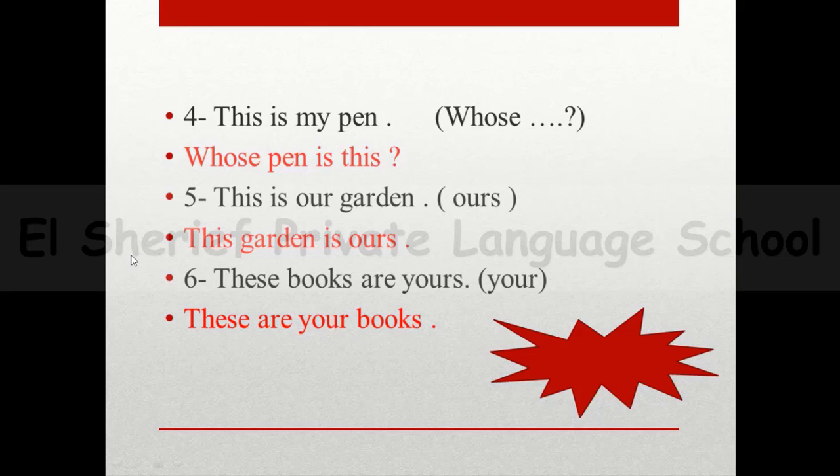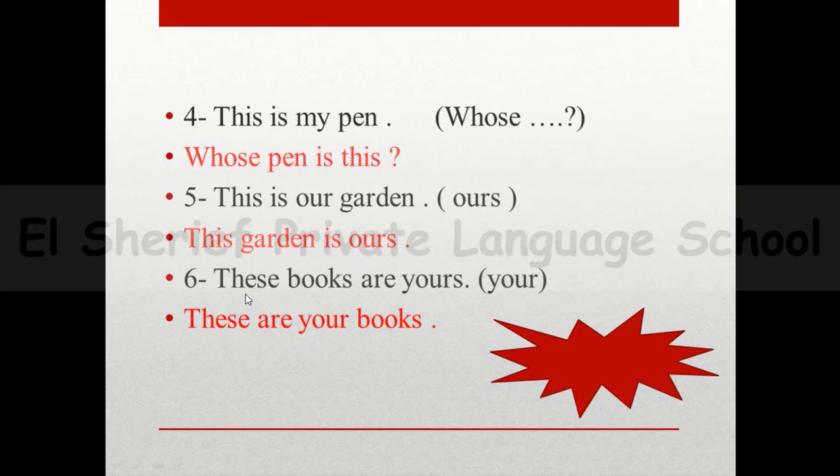So this garden is ours. Excellent. We started with the noun, which is the garden. This is ours. This is our garden. You will move it to this garden is ours.